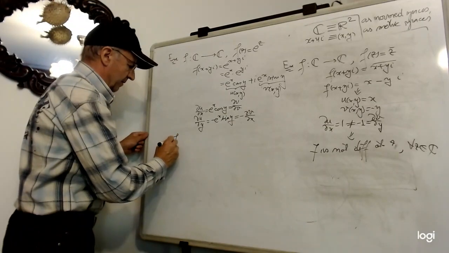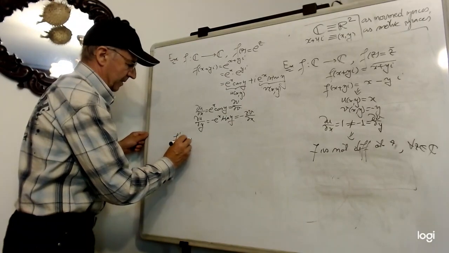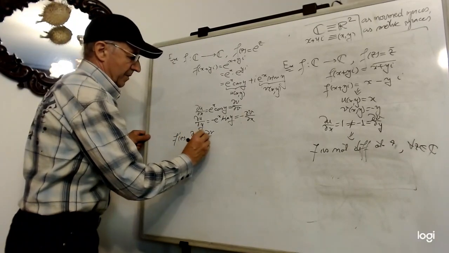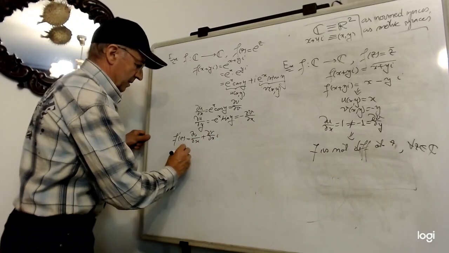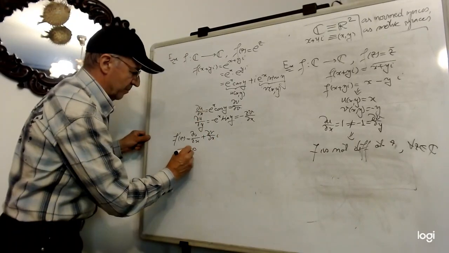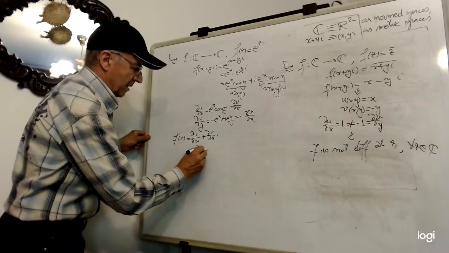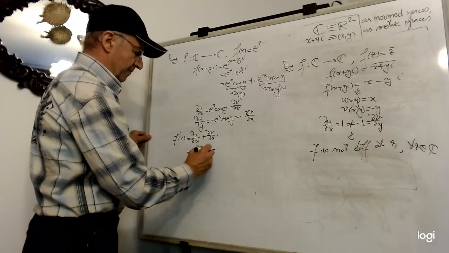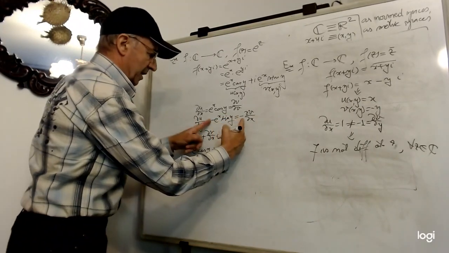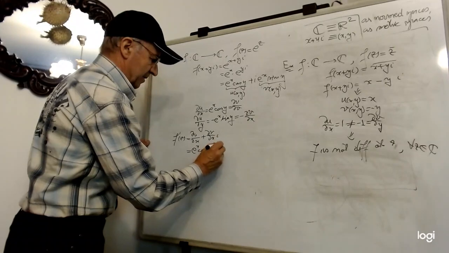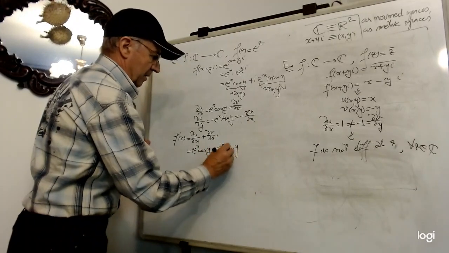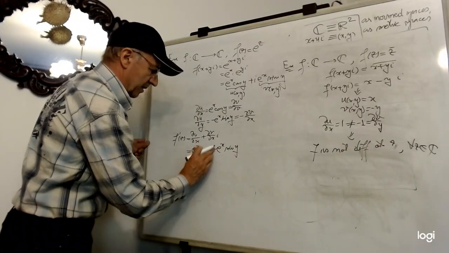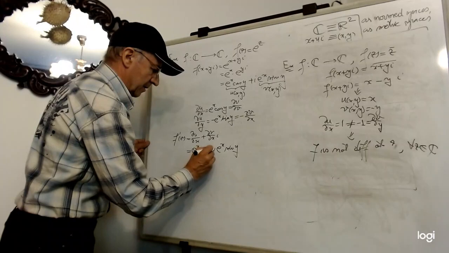So the derivative at an arbitrary point z is the derivative of u plus i times the derivative of v with respect to x. In our case, this is exponential of x cosine of y, plus i times exponential of x sine of y.